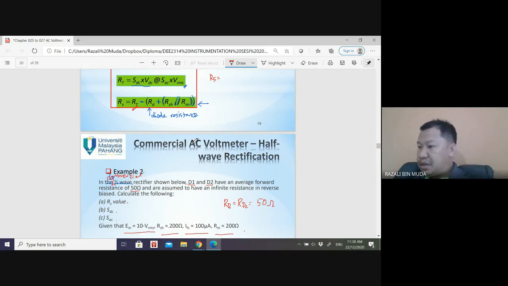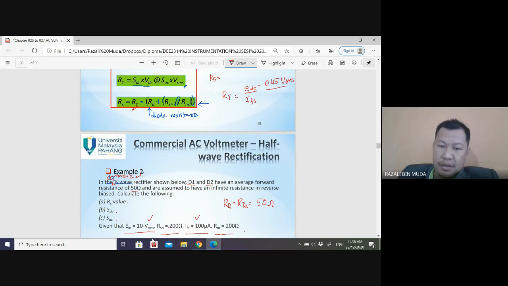So RT basically is V over I, right? So R total equals EDC over I full scale. You have the E and you have I. EDC basically for half wave is 0.45 VRMS.